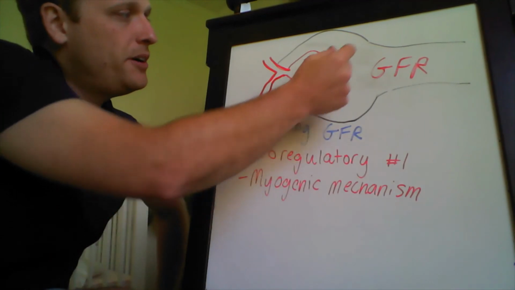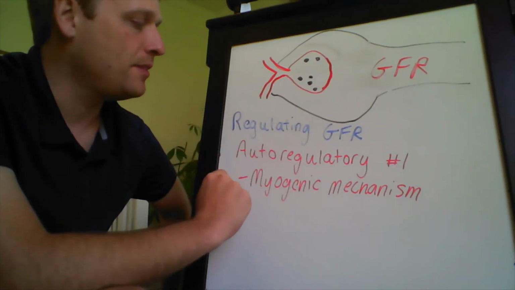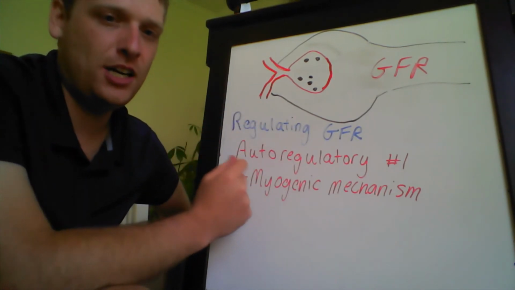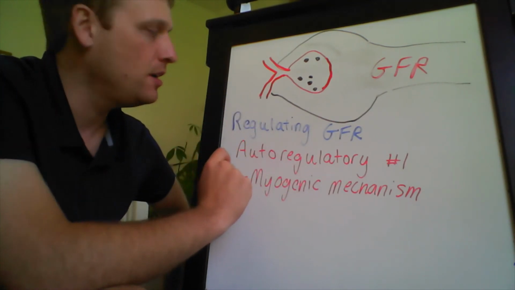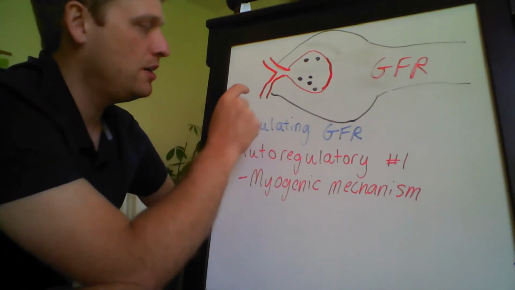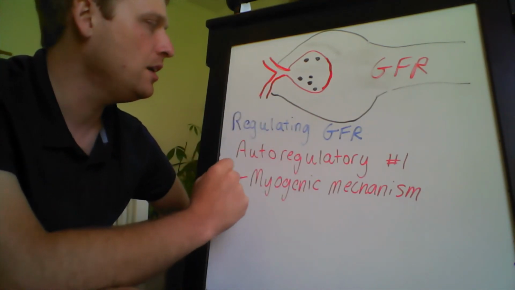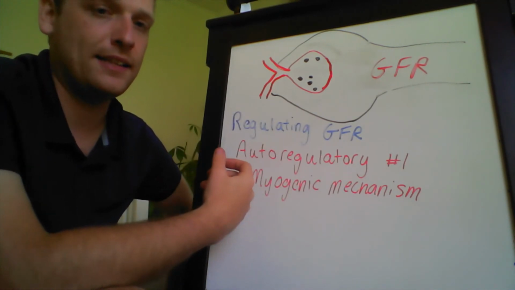So to bring glomerular filtration rate back down, to keep it constant, the myogenic mechanism is going to detect changes in blood pressure with stretch receptors. The higher the blood pressure, the more stretched out these arterioles are going to be. So high blood pressure stretches this arteriole, and it can detect that.